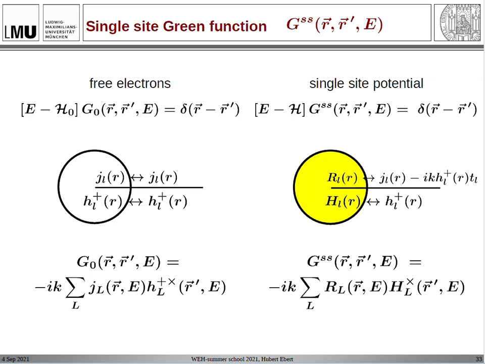But anyhow, from these boundary conditions, we can immediately deduce the corresponding single-site Green's function and give a corresponding representation of the Green's function in its angular momentum expansion. R corresponds to the regular Bessel function, and H corresponds to the irregular Hankel function of first kind.